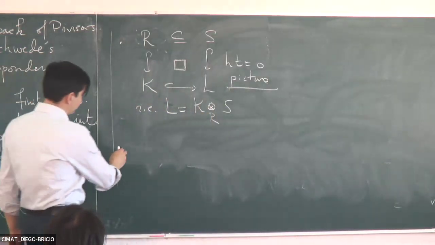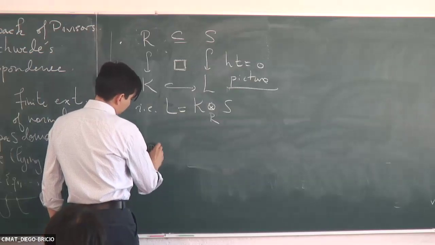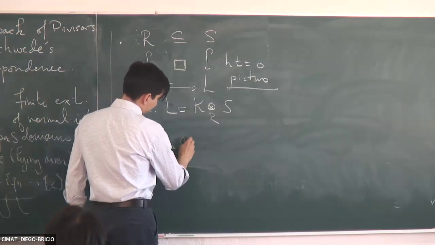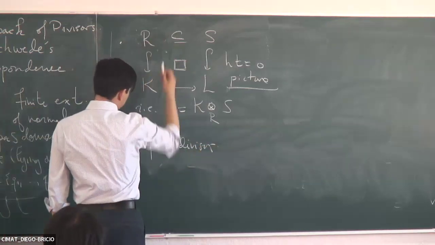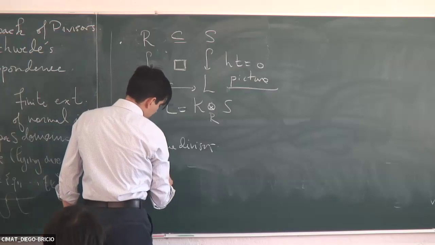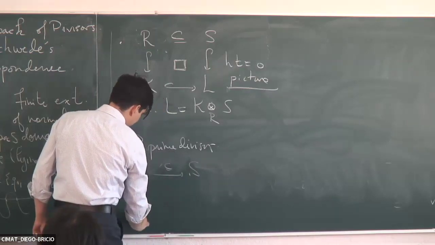In height one, we're going to have a similar story. I can take P to be a prime divisor, and I can localize this extension at the height one prime divisor.